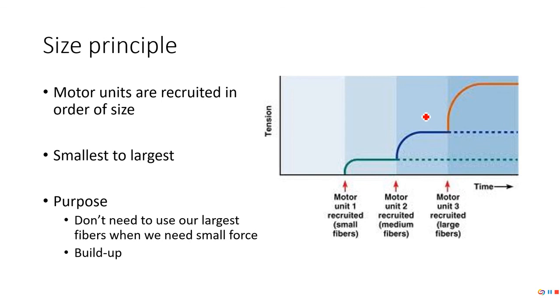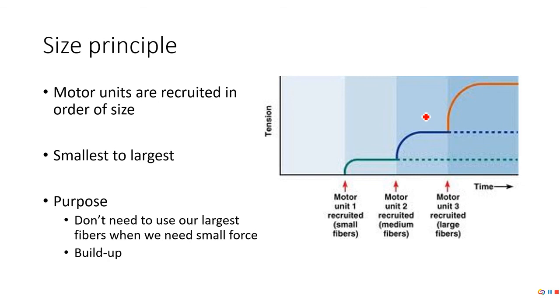And so you have to break eggs, right? Just imagine if you were generating maximum force just trying to pick up an egg, let alone break an egg. If you're using maximum force to pick up an egg, you're going to smash the egg and you're going to have it all over everywhere. That's not great. And so we don't do that.